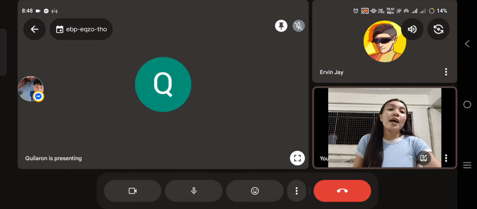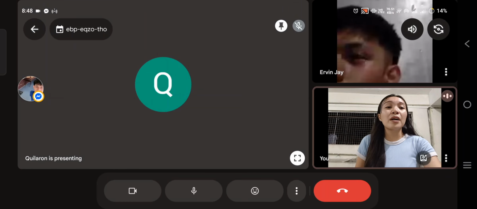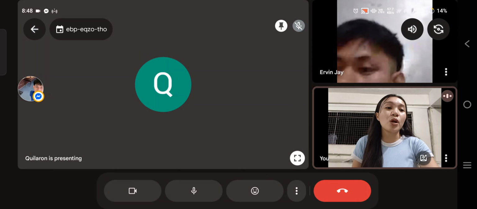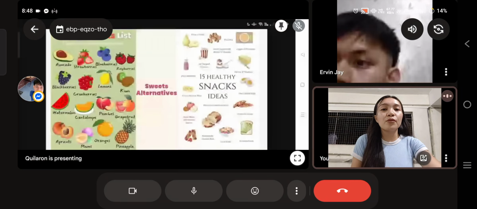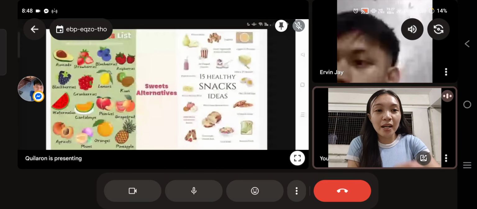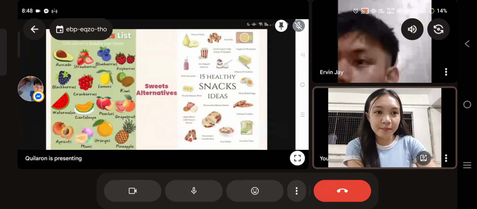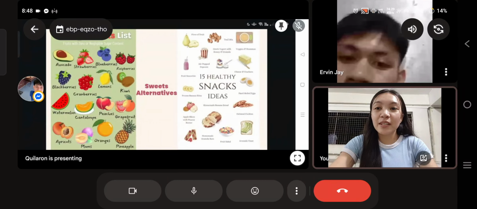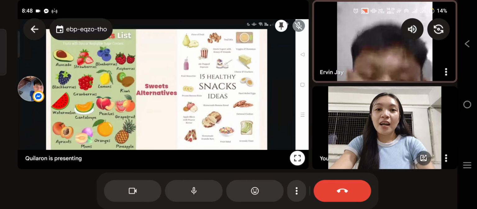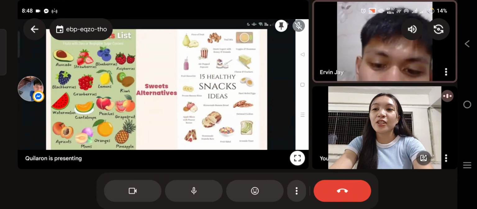Okay? Now, if ever you crave sweets, we also have alternative sweets. We have no-sugar fruits. These are alternative sweets.